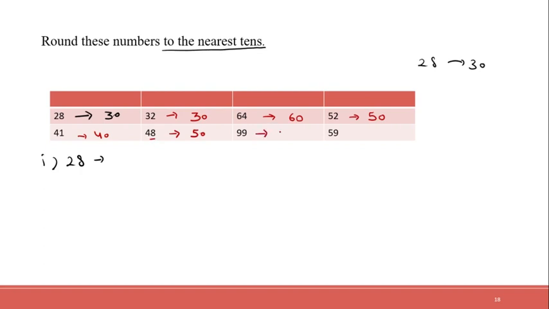What about 99? It will round off to 100, because 100 is 10 tens, right? What about 59? It will round off to 60.